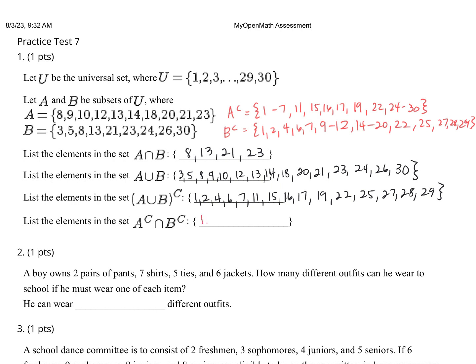So they both have 1, 2, 4, 6, 7, 11, 15, 16, 17, 19, 22, 25, 27, 28, and 29.